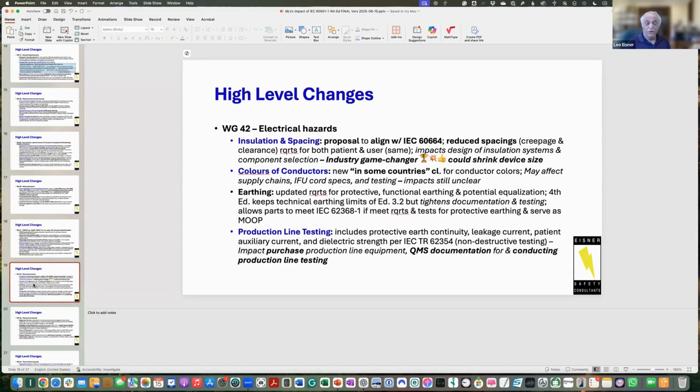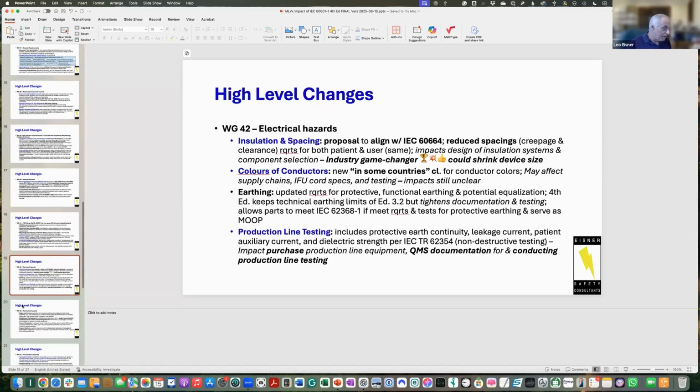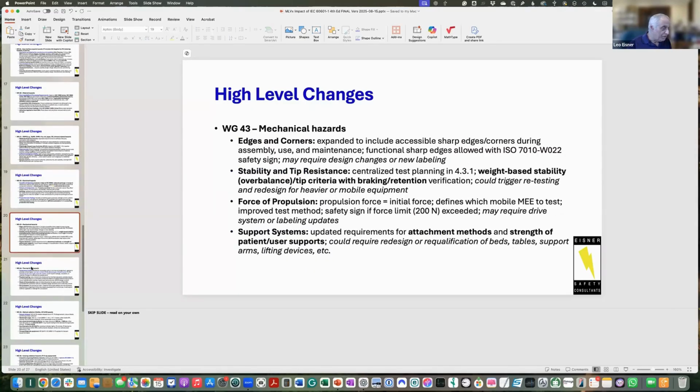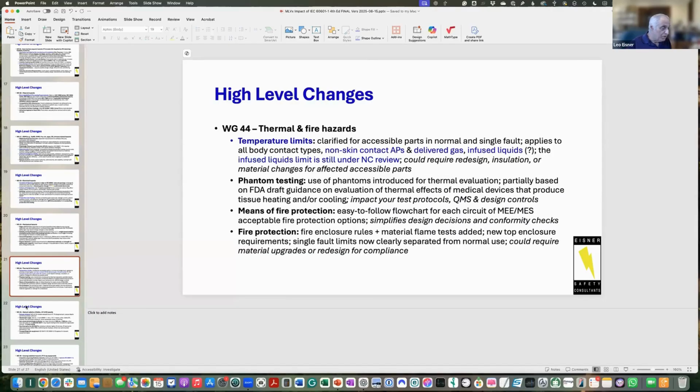I'm going to continue on for a few more minutes till Sean kicks me off. I might skip a couple of slides because I want to get to temperature limits, which is a good one. This is going to impact quite a few new areas. Non-skin contact applied parts, like ultrasound transferring energy.